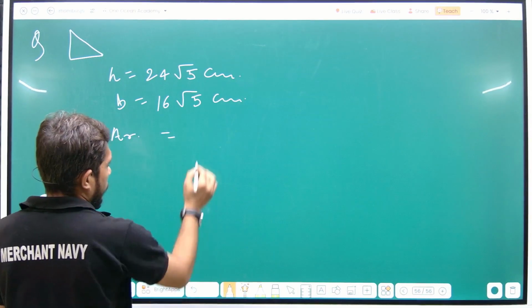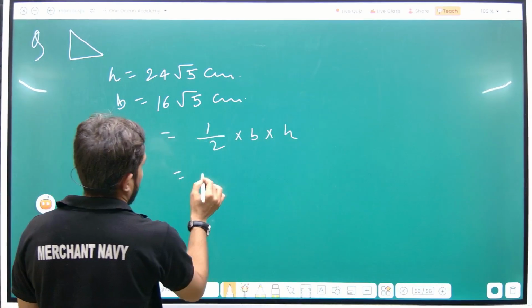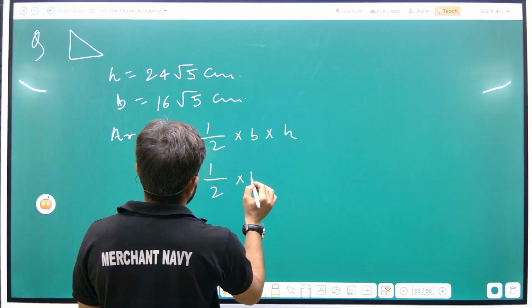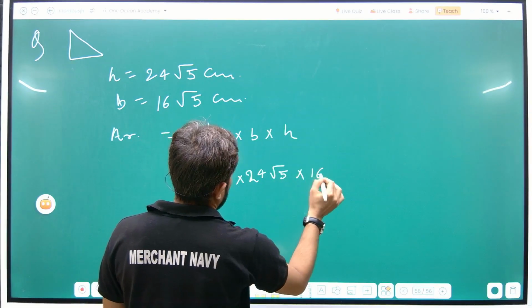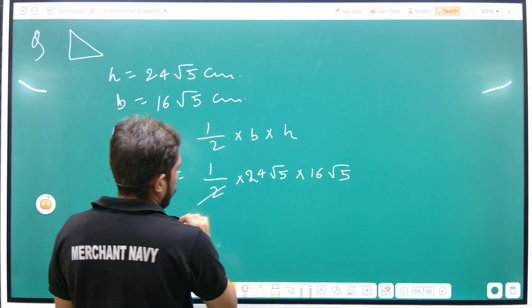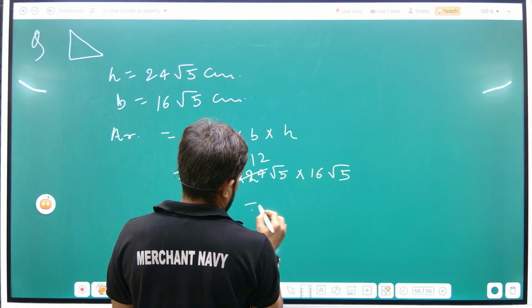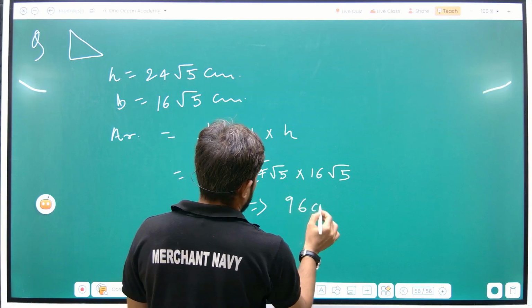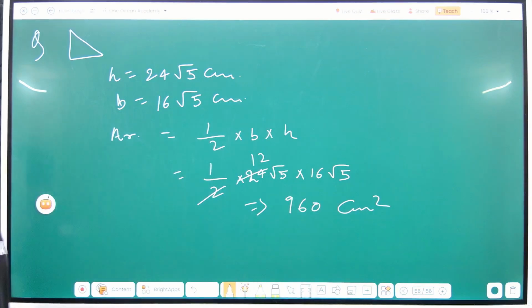So area becomes 1 by 2 into b into h, that is equal to 1 by 2 into 24 root 5 into 16 root 5. So 2, 12, 12, 5 is 60, and 60 into 16 is 960 centimeter square, which will be the correct answer.